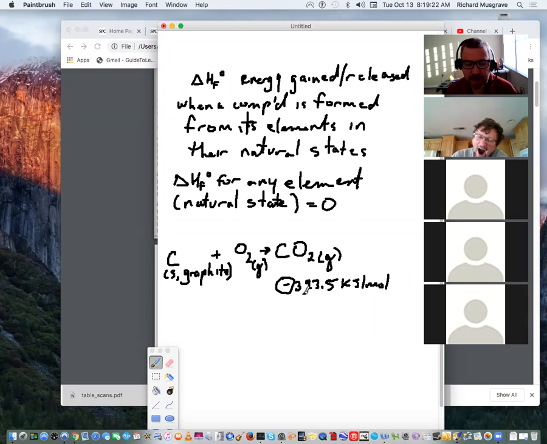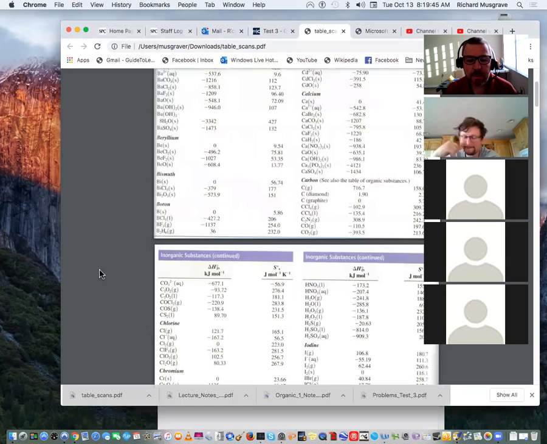That's the amount of energy that gets released when we mix carbon and oxygen together to form CO2. So that's what the heat of formation exactly is. And as I said, we just get those directly off the table. Obviously, you don't have to memorize any of those. Does anybody have any questions?